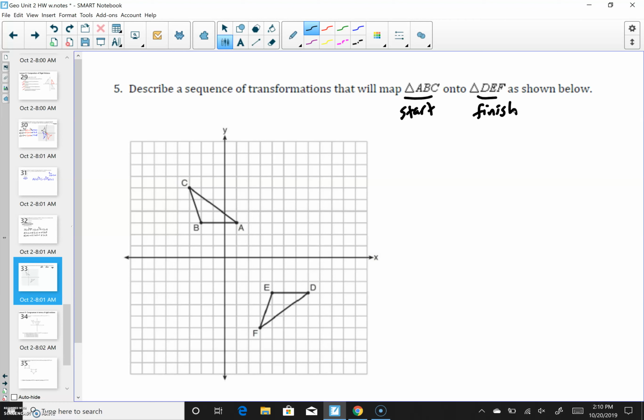Now to me, it looks like if I take triangle ABC and I reflect it over the x-axis, that's going to put my points here, here, and here. So that would be like an A prime, a B prime, and a C prime. And then it just seems as if a simple translation to the right will help us out here.